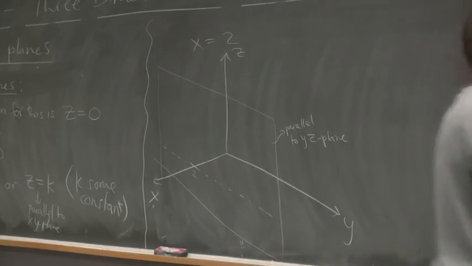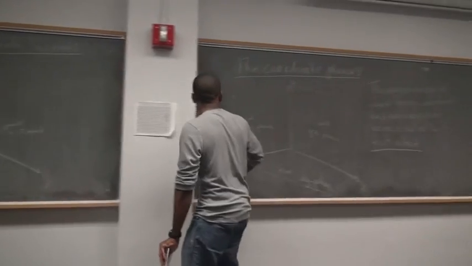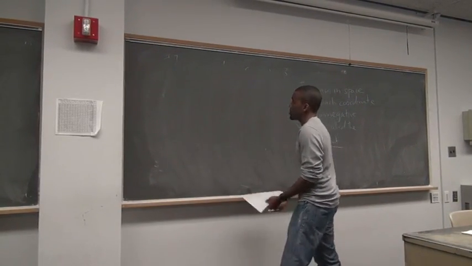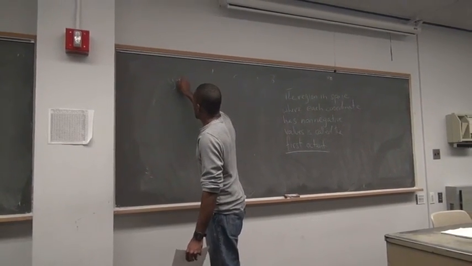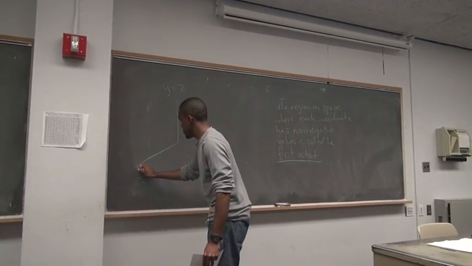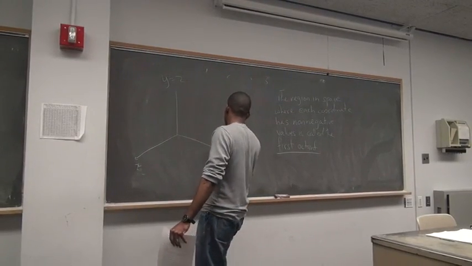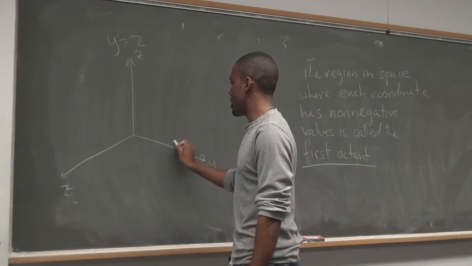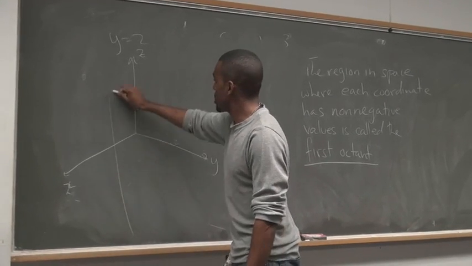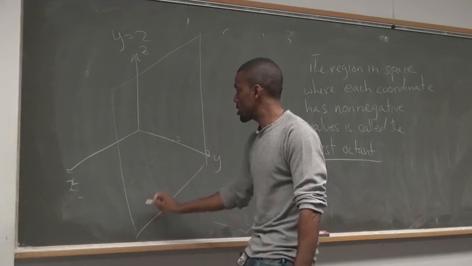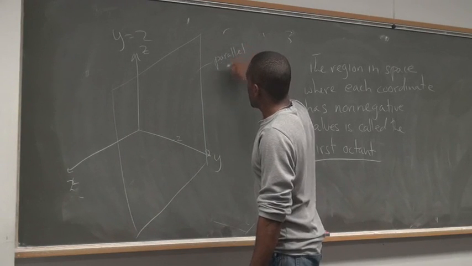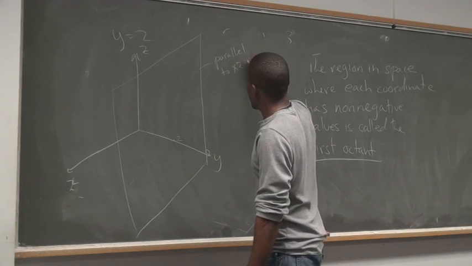If you do something like y equals 2, just find y equals 2, and of course your plane has to be running along that line. This is parallel to the xz plane, exactly.